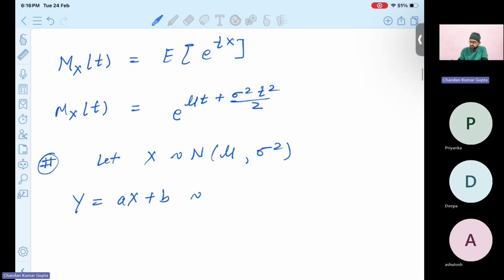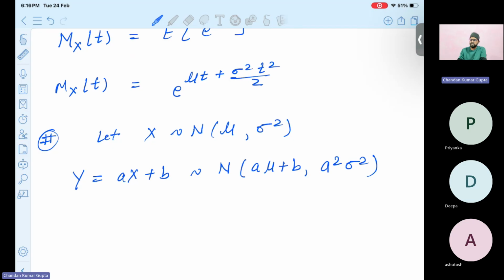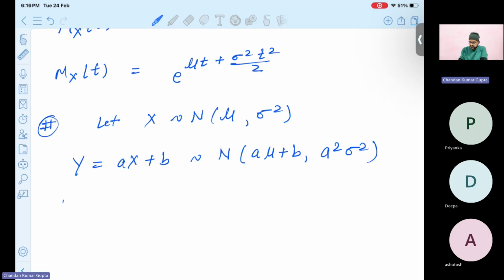Okay, this follows again the normal distribution with parameters a mu plus b and a square sigma square. So this is the transformed random variable. Usually the transformed random variable from the normal distribution is most of the time normally distributed. Okay, also this property is specially known as linearity property actually.